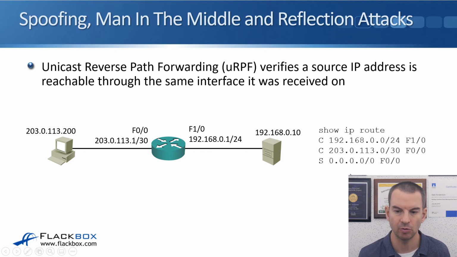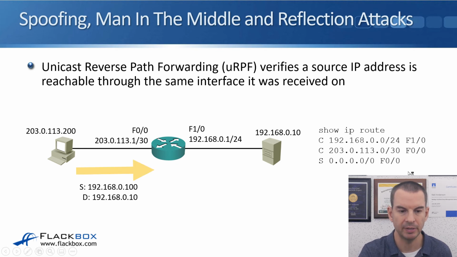So if we did a show IP route on this router in the middle here, you would see that we've got a connected route to the 192.168.0.0/24 network on the inside on fast1/0. Our other connected network is going out to the internet on 203.0.113.0/30 on interface fast0/0. And here we've configured a default static route to send all other traffic out to the internet, again going out interface fast 0/0.